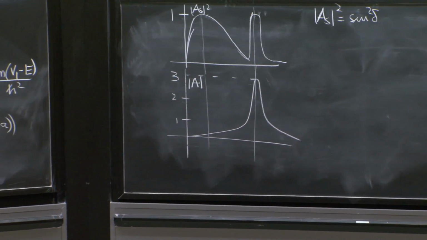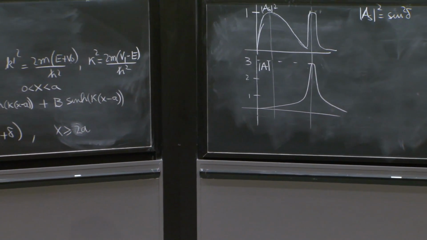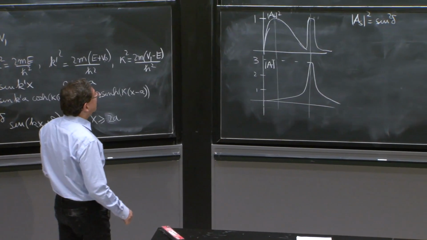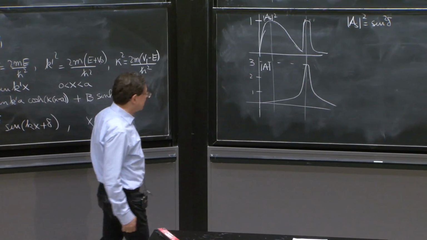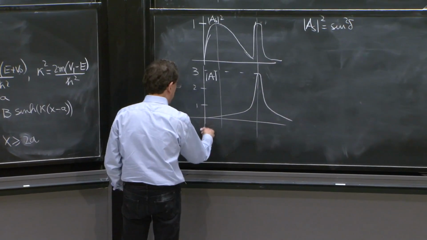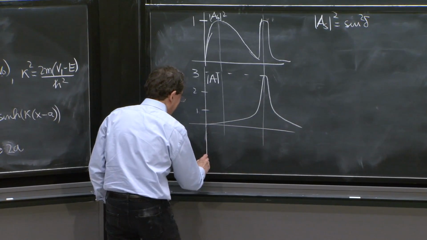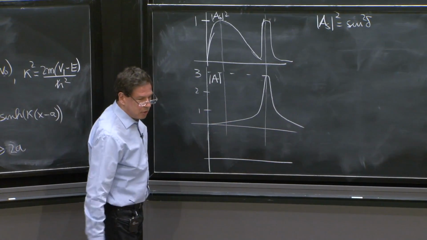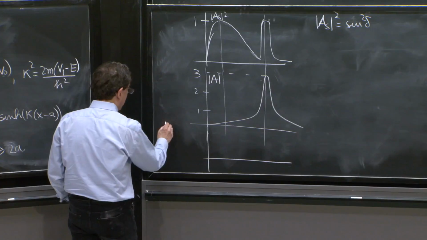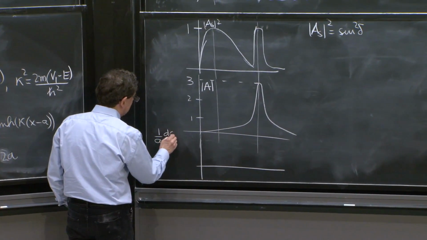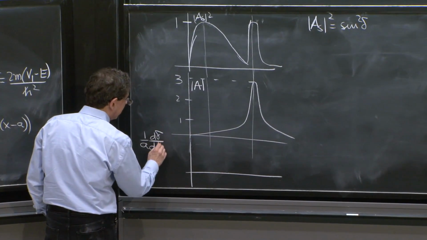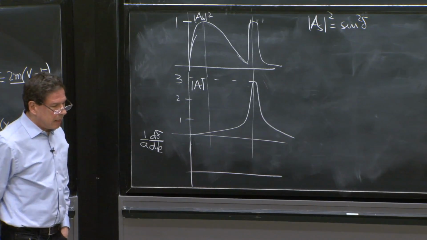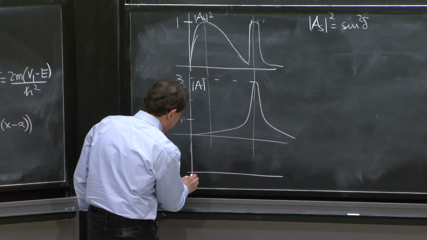I should have room for one more plot. Of course, the star plot of this thing is, I'll do it compressed here. The total delay, 1 over A, d delta dk. Well, it begins negative.